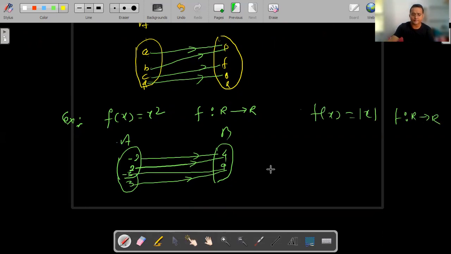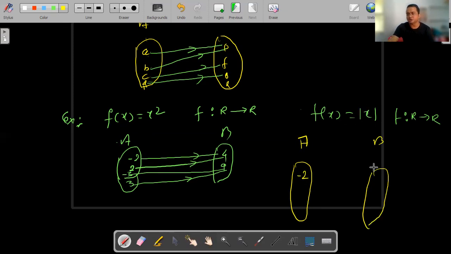So now you see again what we will do. Set A and set B. You take -2, put x value -2 here, then what will you get? 2 only, because mod always gives the positive value, right? So -2 is mapped with 2.